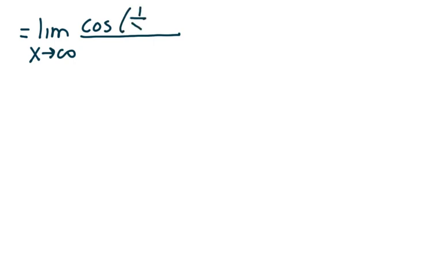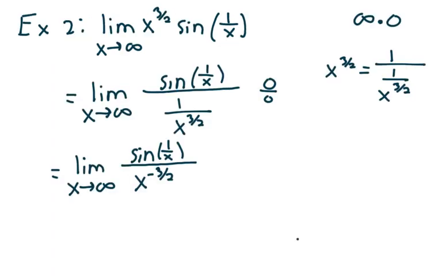So when I go for L'Hopital's rule, this is the limit as x goes to infinity. The derivative of the numerator is cosine of 1 over x times negative 1 over x squared. So I apply the chain rule. So I'm taking the derivative of 1 over x. The derivative of the denominator is using the power rule.